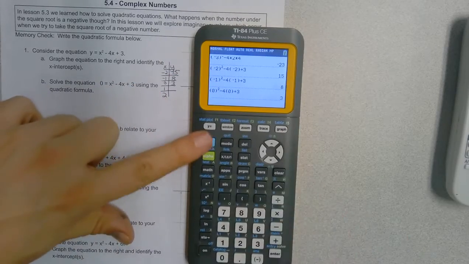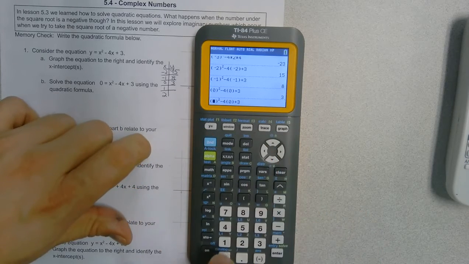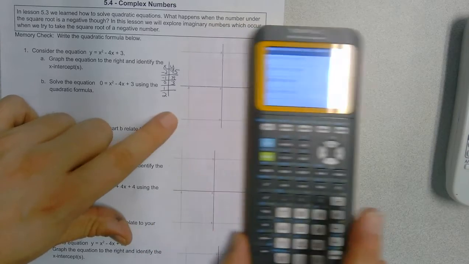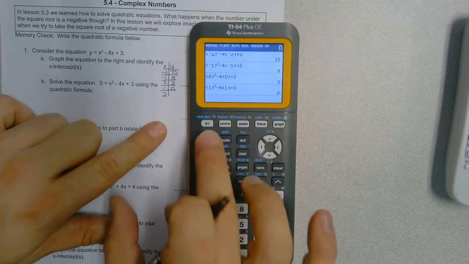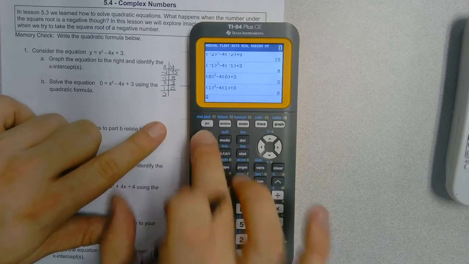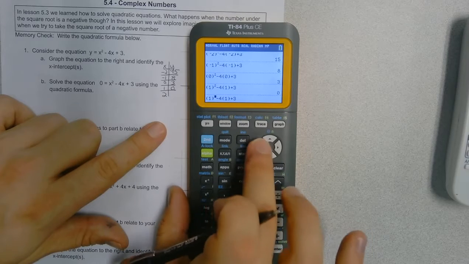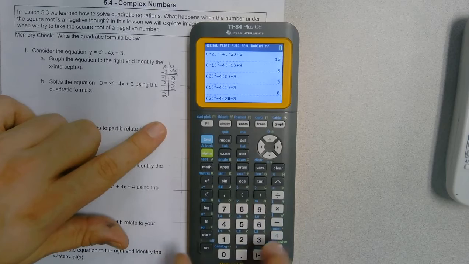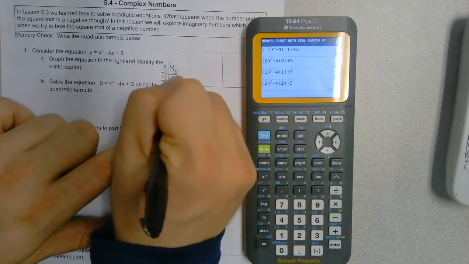And then if I substitute in 1, I got 0. And then substituting in 2, I get -1. And then I'm going to keep going.